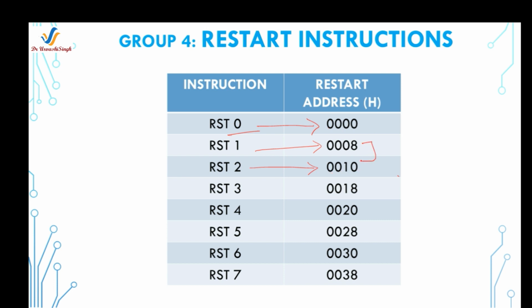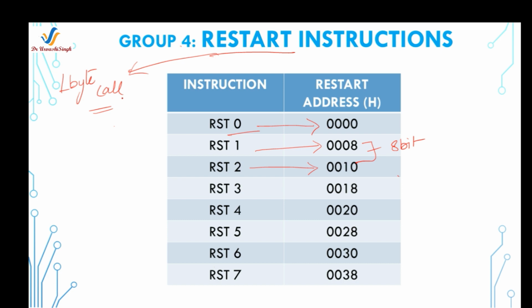You can see that there is a difference of 8 between two consecutive locations. Now let's understand how these instructions are executed. As I told you, these instructions are equivalent to 1 byte call instructions. Although these are not call instructions, calls are related to subroutines and restarts are related to interrupts.